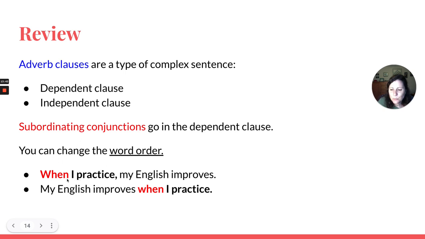And you can change the word order and bring the dependent clause in the beginning and then have a comma, or it can go in the second part of the sentence with no comma. All right, I recommend to practice, and you're always welcome to rewatch this video and just come see me if you have any questions, and we'll practice in class as much as we can.